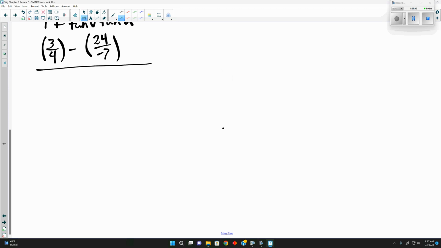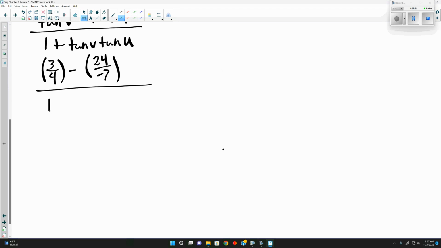And then we have 1 plus 3/4 times -24 over 7. So again, we're still using those same triangles, just plugging the values in. And at this point, either calculator would do this. You can just type it all in exactly as you see it and let it take it from there.